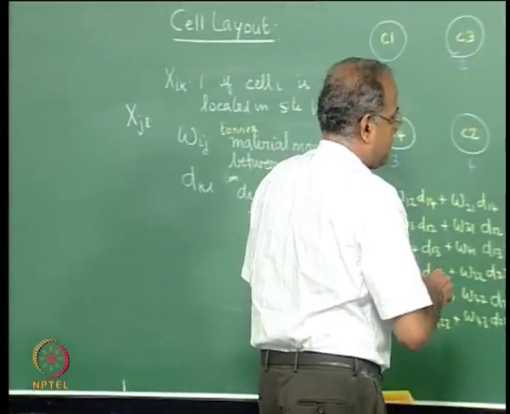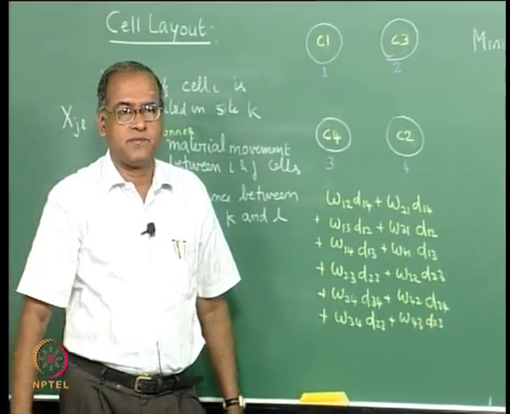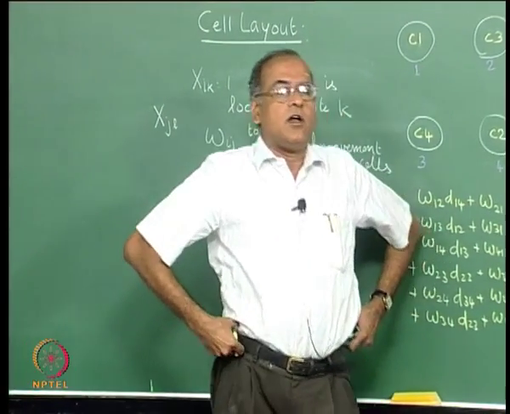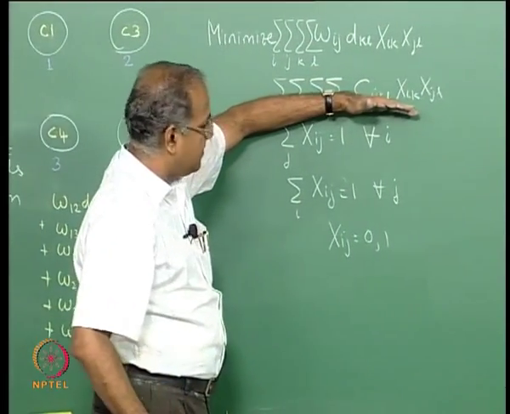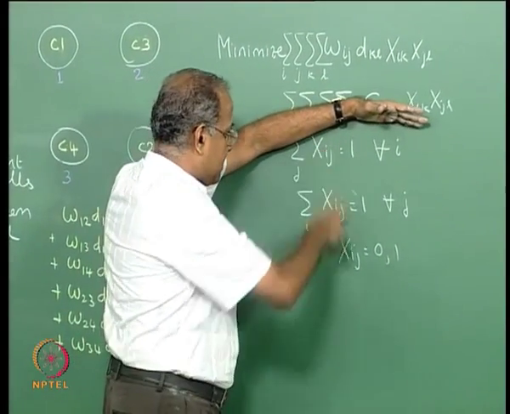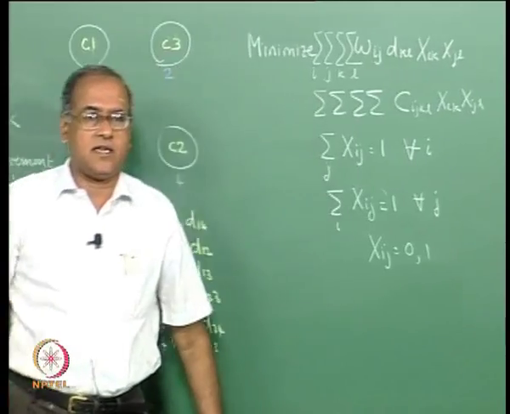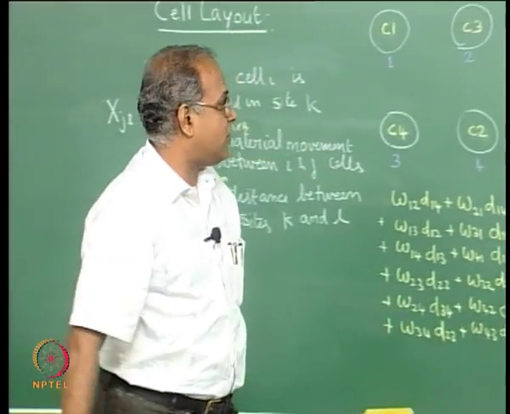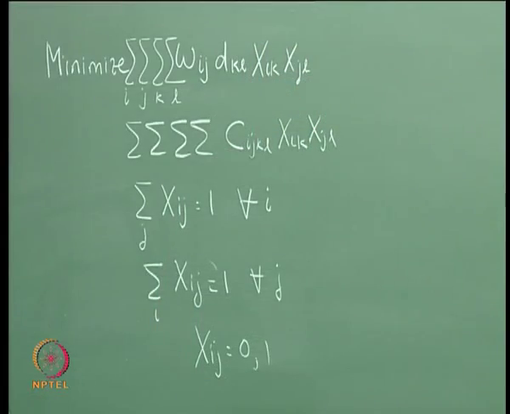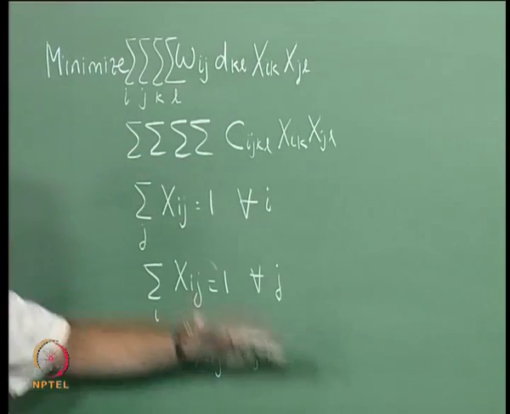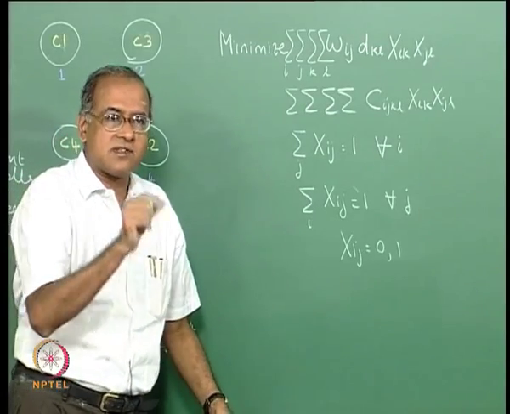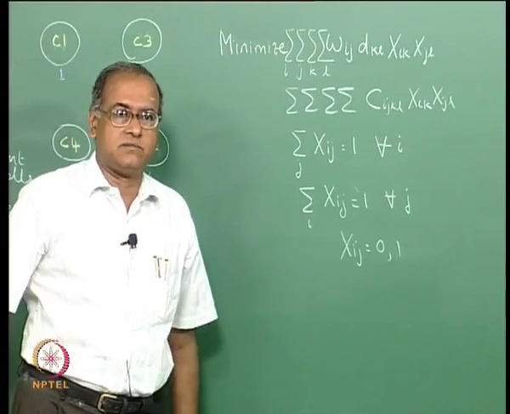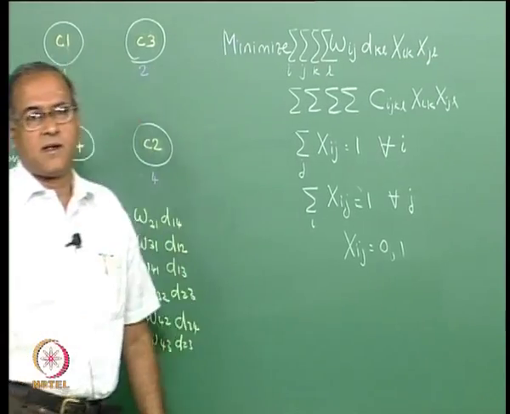Now, this problem is an optimization problem. It looks like an assignment problem from here. It has the assignment constraints: sigma xij equal to 1 for every i, and sigma xij equal to 1 for every j. The objective function term looks like a Cij Xij term, but it has a product.